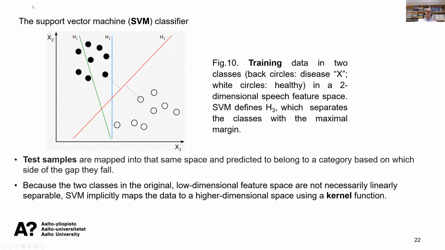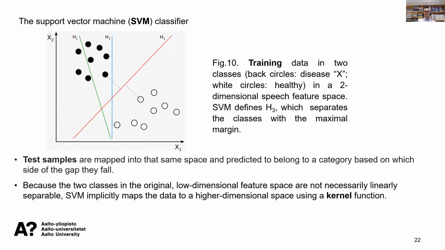It drops to either left or right side of this red line. And if it's on the left side, then the machine makes a decision that this must be a pathological sample because it was on the left side of the trained subspace. Okay, and the same holds true if it's on the right hand side, then it's considered to be healthy. So this is the way it works, to put it very simple.